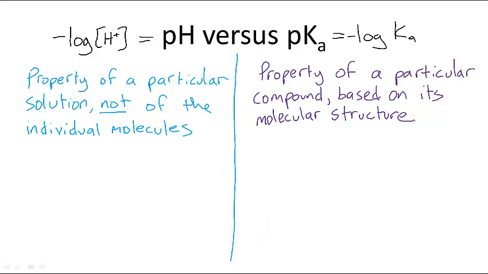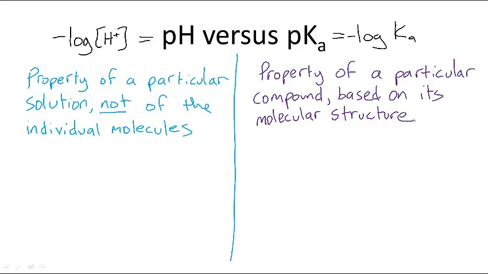All right, so to continue drawing this distinction, pH tells you the concentration of H plus in a particular solution. Sometimes you have a solution that has lots of different acids in it. And so the pH is going to be a result of that whole mixture. And so it is particular to a given solution.